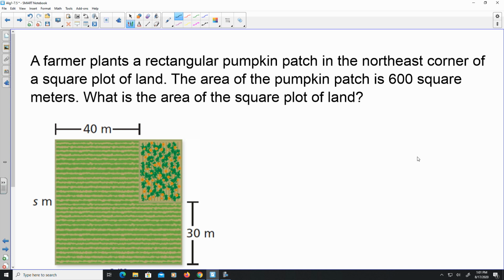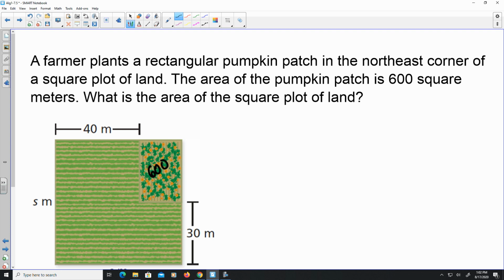So it appears that you're looking for this whole area, not including the pumpkin patch. So they're saying that the pumpkin patch is 600 square meters.